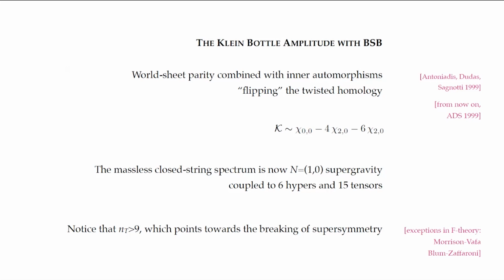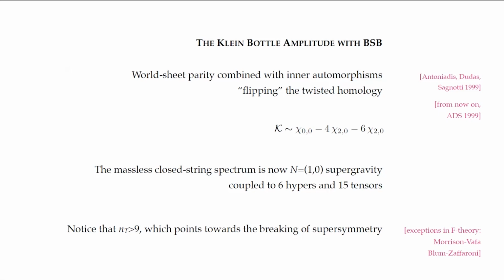So you see that you have 15 tensors, which is larger than 9. And actually 9 somehow is the limit when you can have perturbative vacua which admit a supersymmetric solution. 9 tensor multiplets and 12 tensor multiplets actually can live without branes. I mean, the closed sector is completely consistent by itself. You don't need to add the branes. The spectrum is anomaly free. The tadpole can be cancelled, and the construction would involve an equal number of O plus and O minus planes, so that Ramond-Ramond charges and tensions cancel.